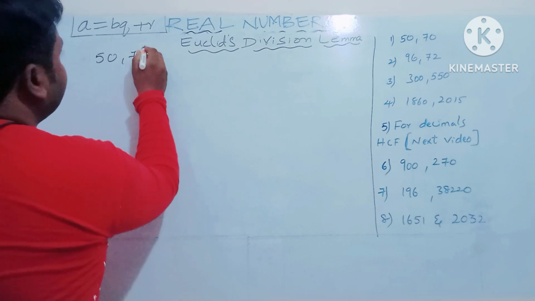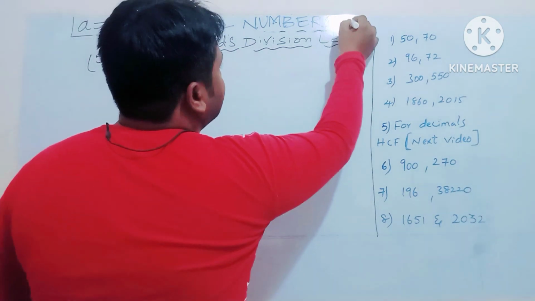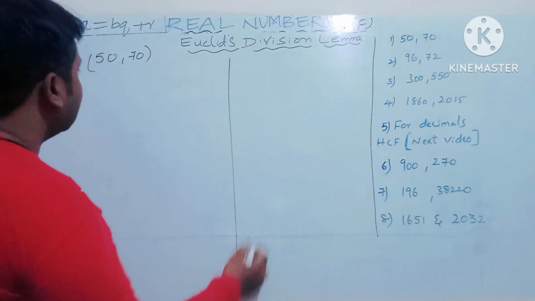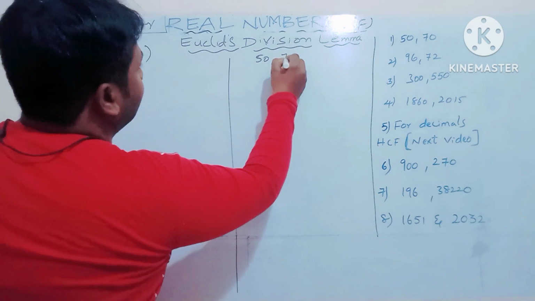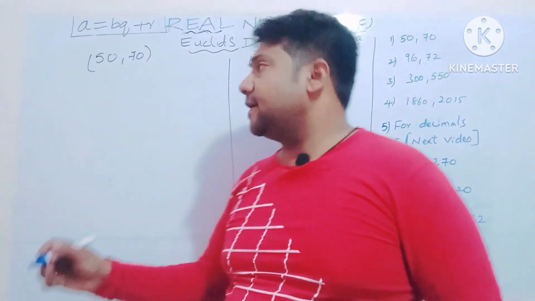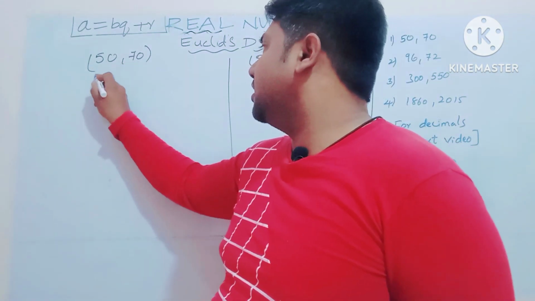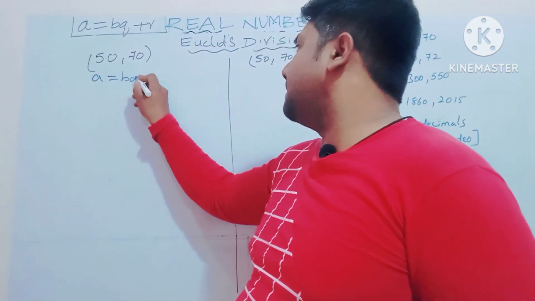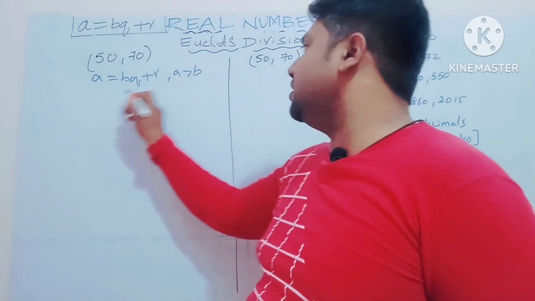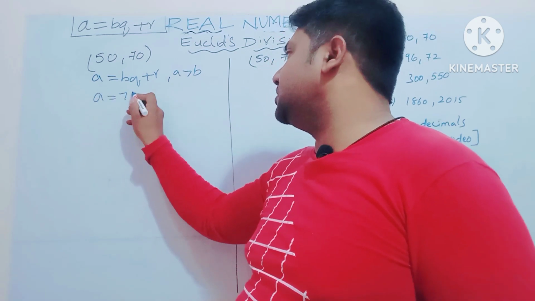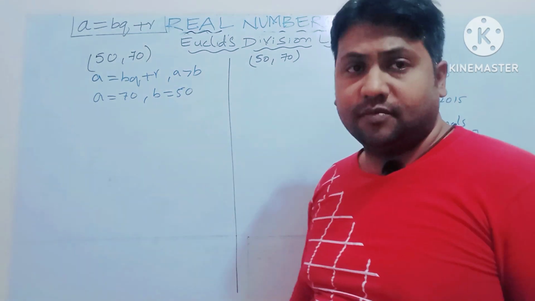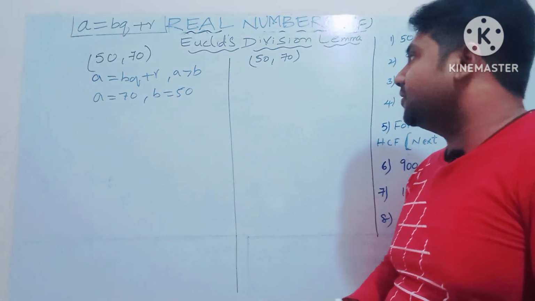Another one, 50, 70. Let me write here HCF. So for 50, 70, what do we write? A is equal to BQ plus R. Every time A should be greater than B. So our A will be 70, B will be 50.